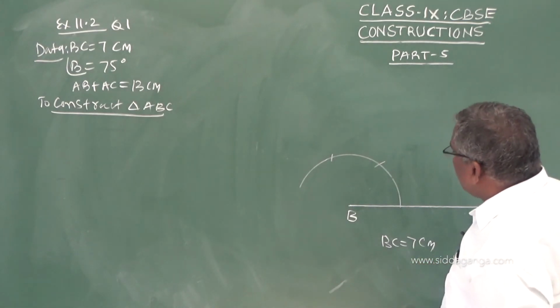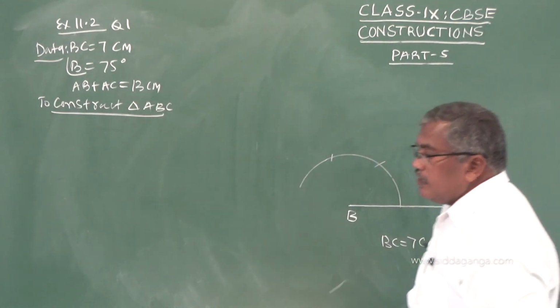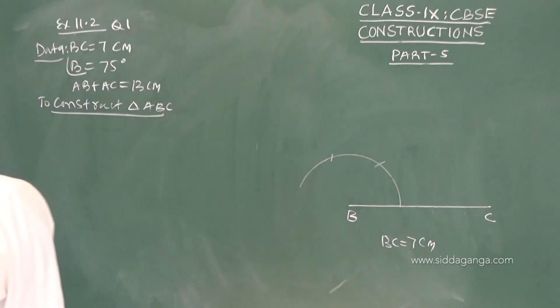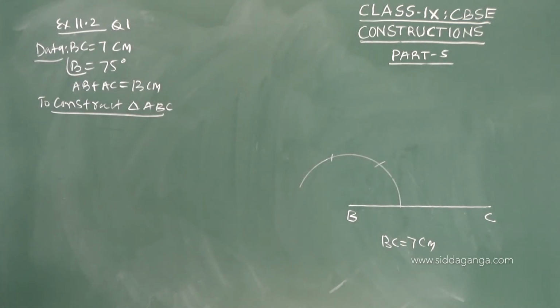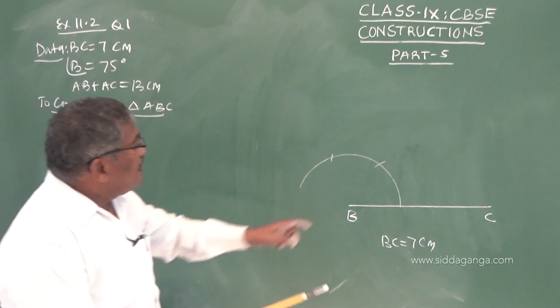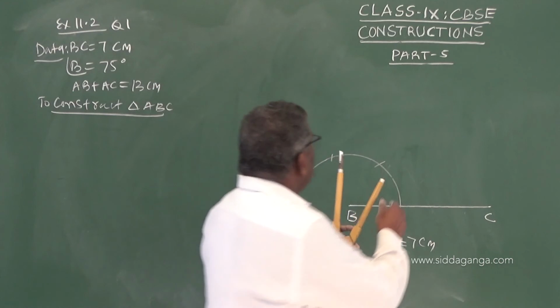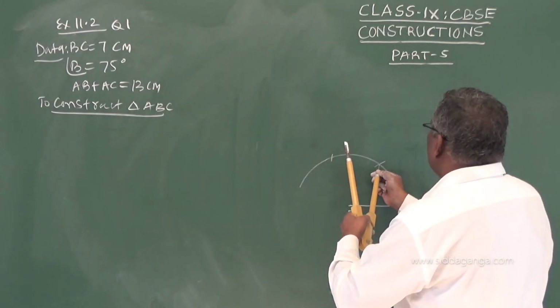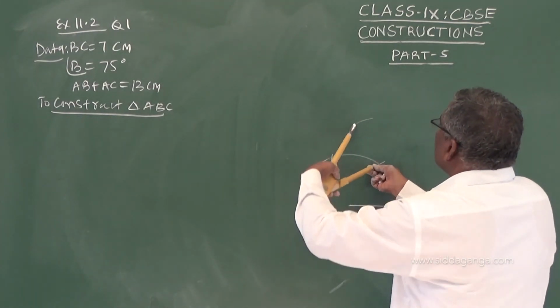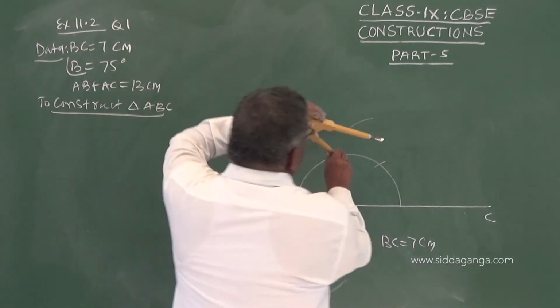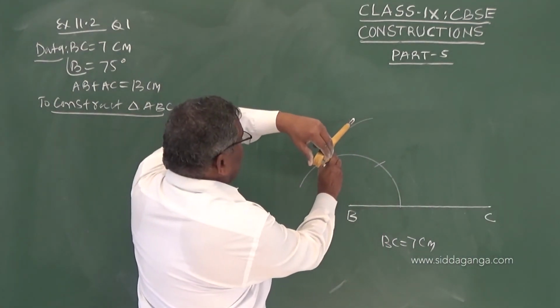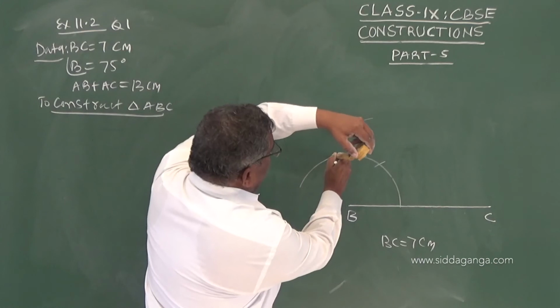So we want 75 degree. Therefore first we have to divide this. This is 60 degree, this is 120 degree. First I will take up the 90 degree point, so I will take a cut here.